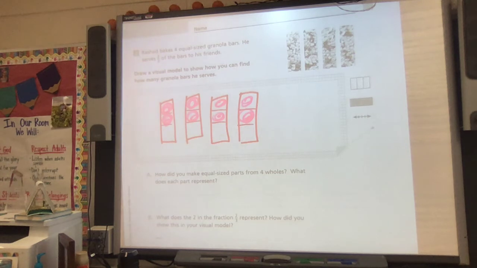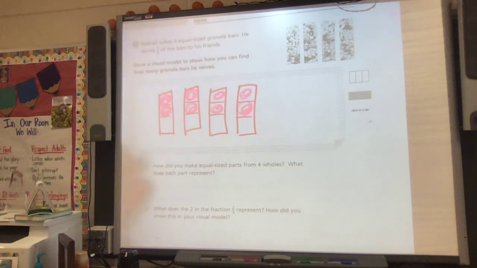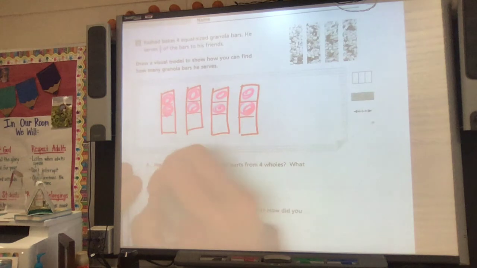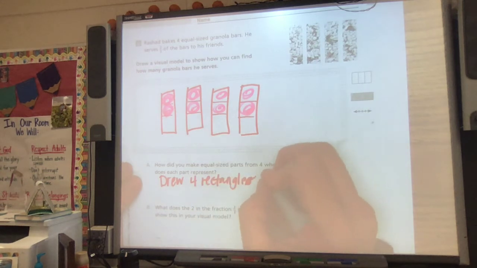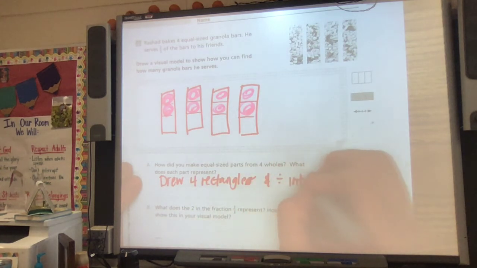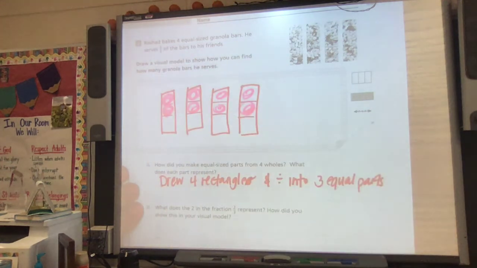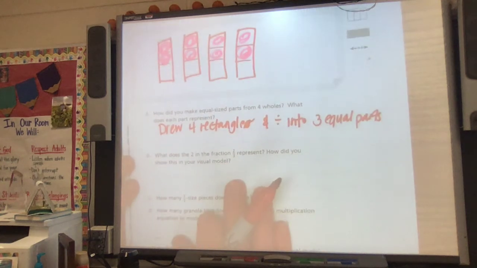How did you make equal-sized parts from 4 wholes? We drew our 4 rectangles and divided them into 3 equal parts, because our 2/3 tells us that we're putting that in 3 parts. What does the 2 in the fraction 2/3 represent?